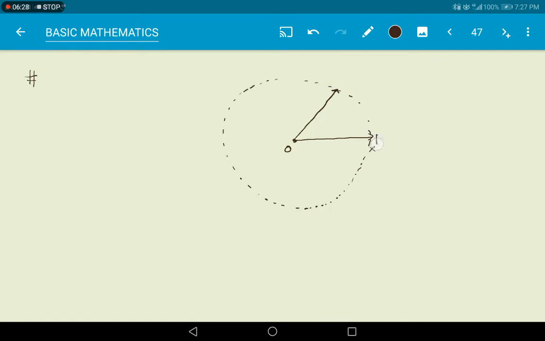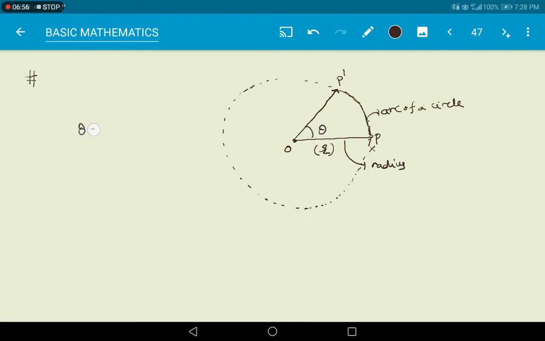This is the initial position, P is the initial position and P dash is the final position, and the radius of this path is R, and this is known as an arc of a circle, and this is the radius and theta.